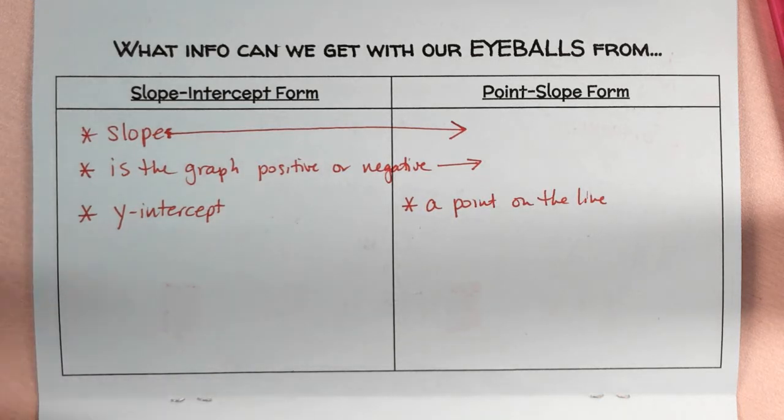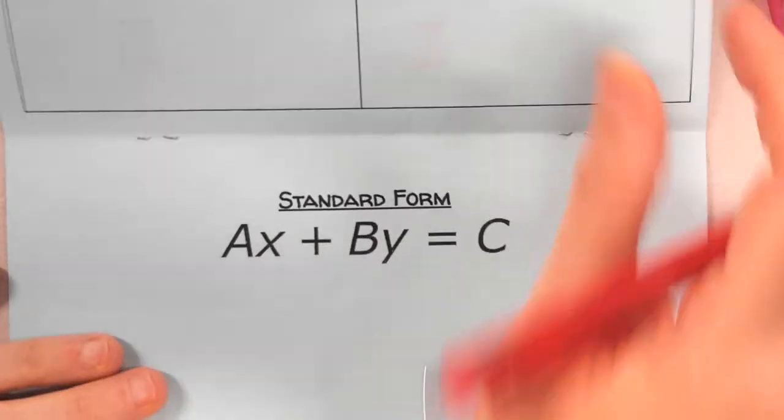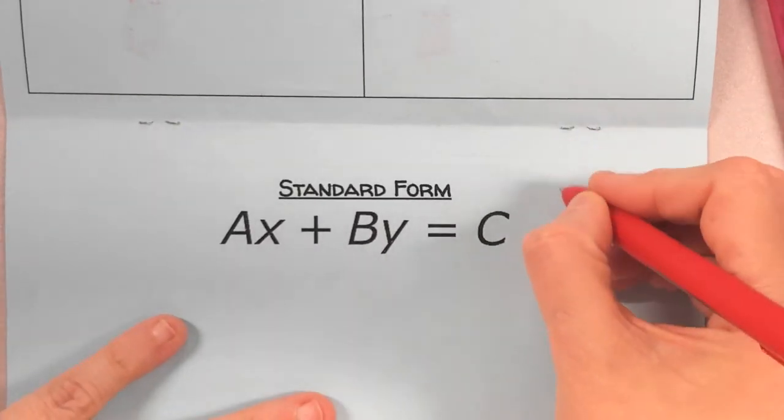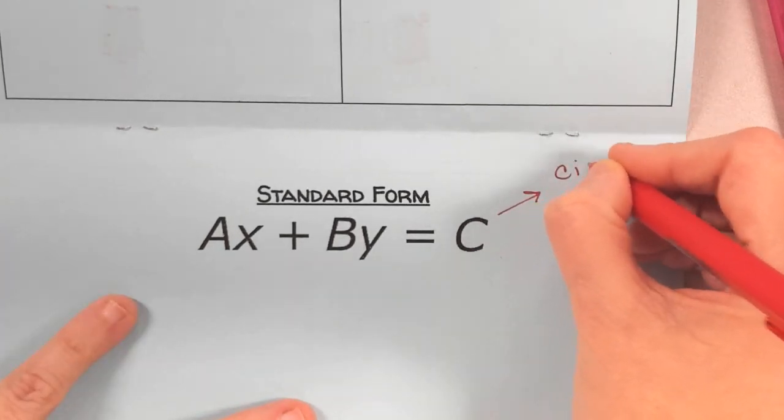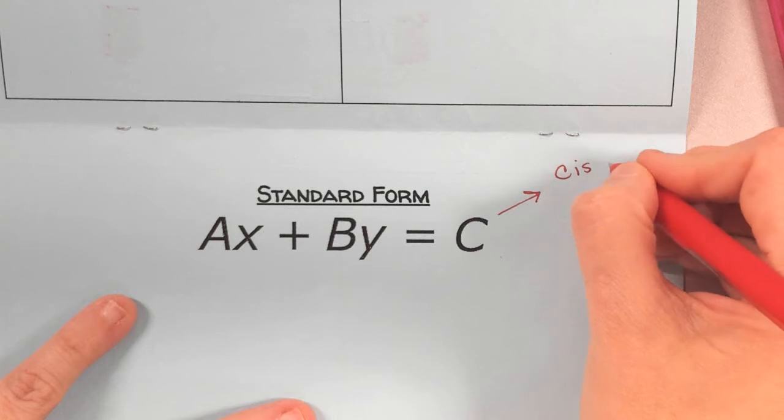There are parts of standard form that look like I should be able to get something useful out of them, but I can't. The first thing I notice about standard form is that C is isolated. I don't know if we wrote this in our notes yesterday.